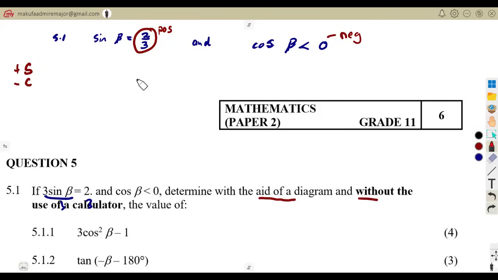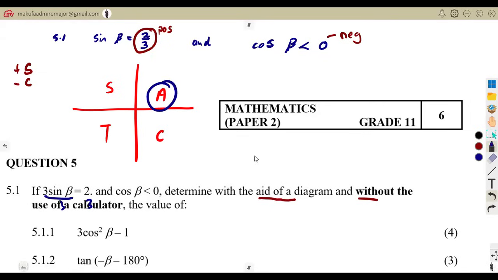Which quadrant is it that cos is negative, sine is positive, from the CAST? All right, remember our CAST concept. In the first quadrant, all of them are positive. In this quadrant, it is only sine which is positive, meaning to say, if it is sine which is positive, what about cos? Cos is negative. Here, sine is negative. We don't want that.